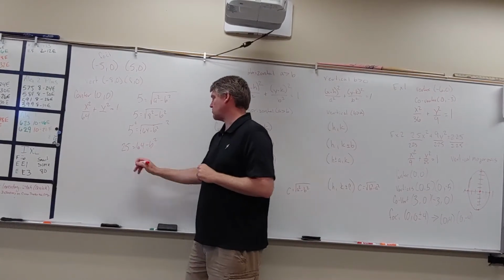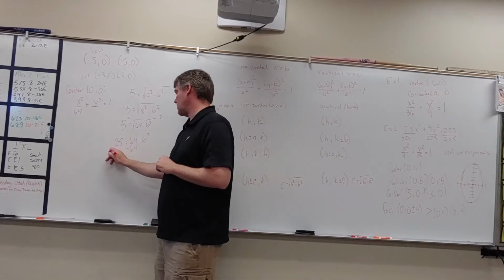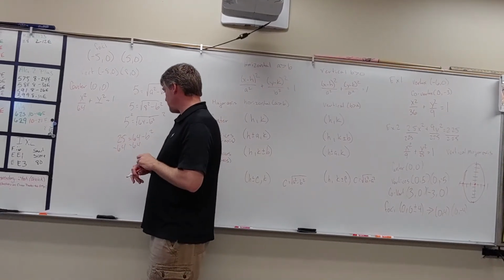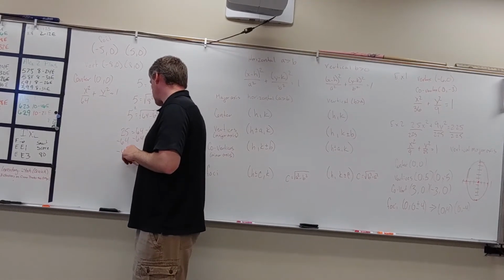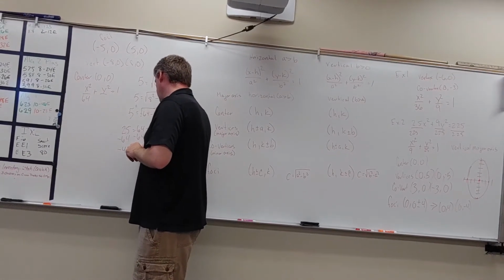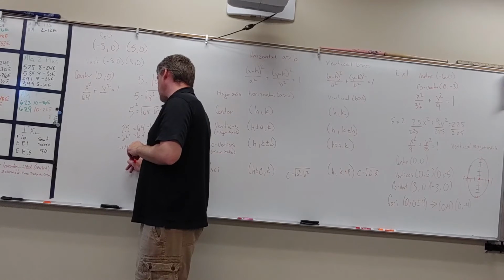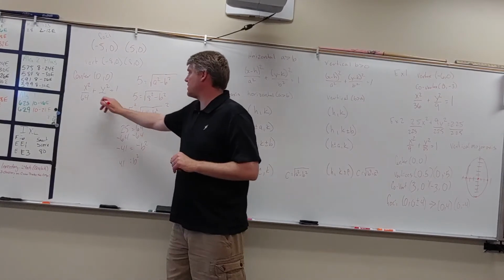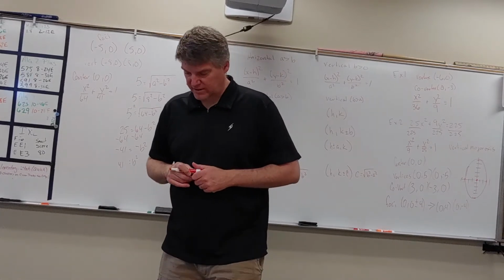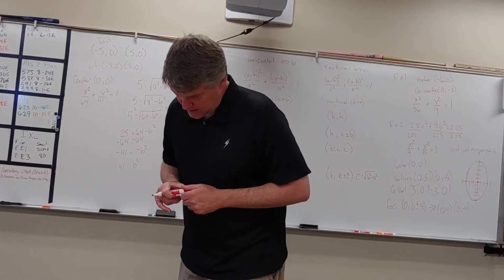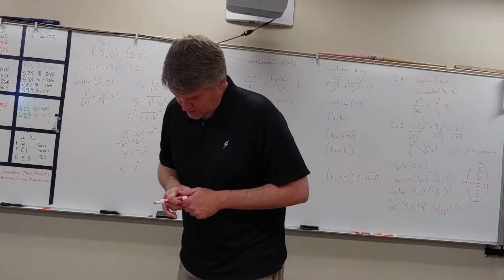I'm solving for b squared, so I'm going to subtract off 64, and what does that give me? -41 equals -b squared, or b squared equals 41. I really only need that. I really only need the 41. I don't need to square root it and actually find what b is.